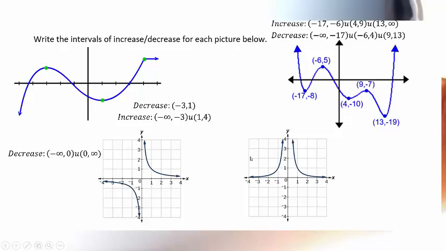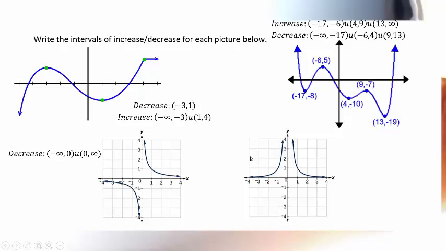So a new bird is going to pick up where the old bird left off. He picks up right here. He is still decreasing his height as time goes on. So we decreased the whole time from negative infinity up until 0 when we had to stop, and then it picked up immediately after 0 and it kept decreasing again.